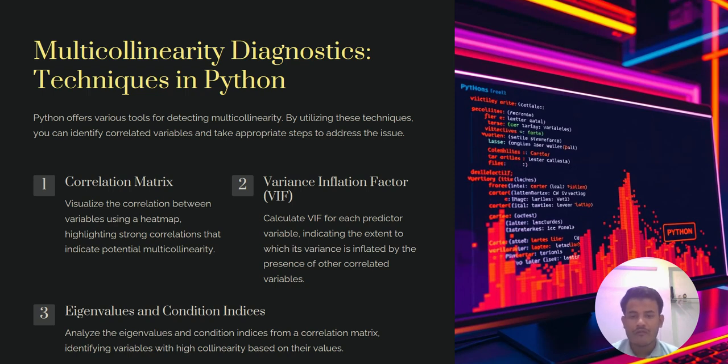Second one is variance inflation factor (VIF). Calculate VIF for each predictor variable, indicating the extent to which its variance is inflated by the presence of other correlated variables. Third one is eigenvalues and condition indices. Analyze the eigenvalues and condition indices of the correlation matrix, identifying variables with high collinearity based on their values.